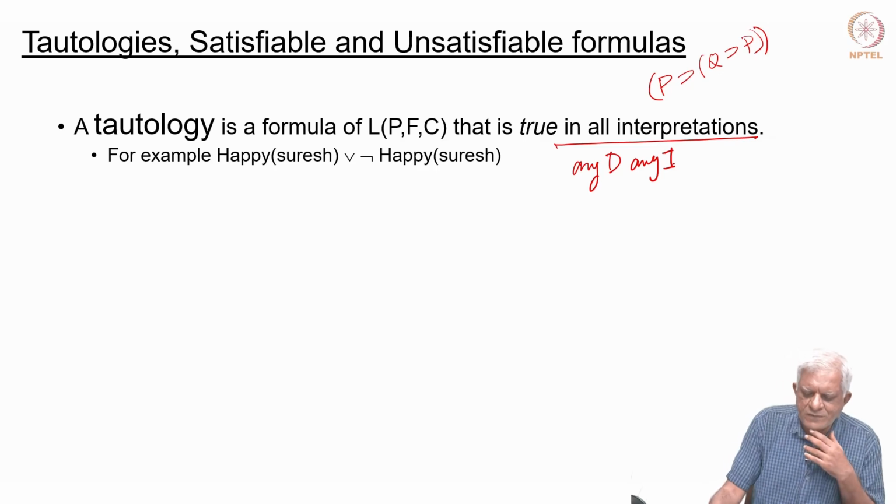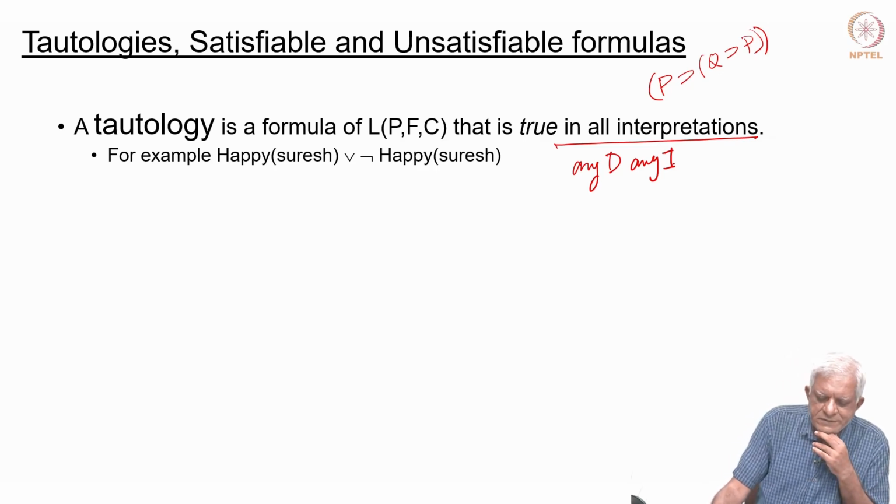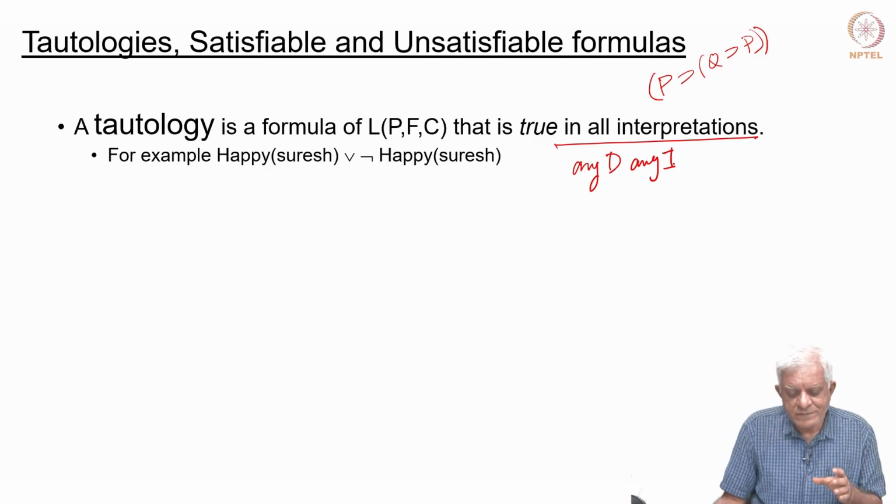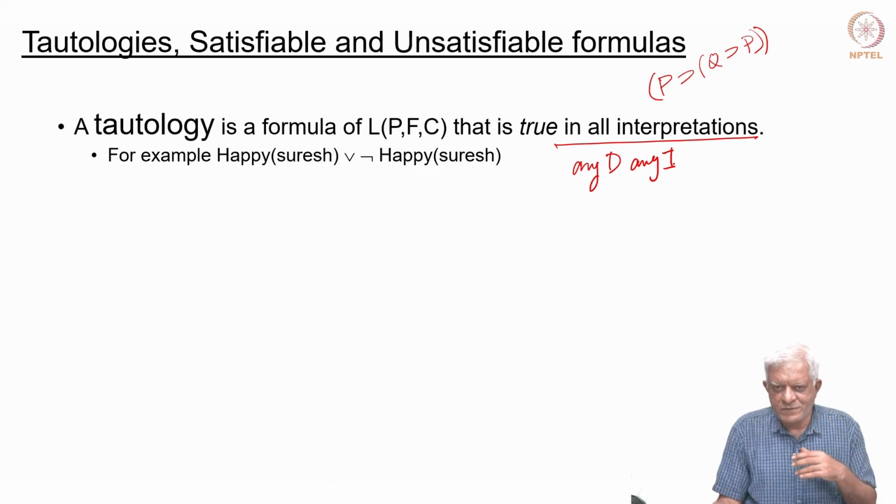And of course, there are simple formulas like this. I am sure when we read it as saying that Suresh is happy or Suresh is not happy. So, we have an image of people essentially, but it does not matter whether the domain is talking about people, numbers, or plants.